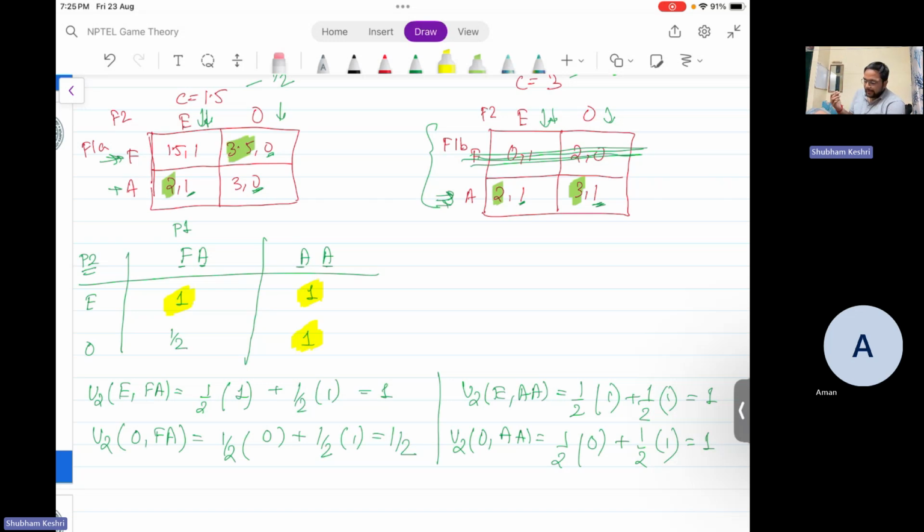Now we'll go back and see what is the best response of player 2. So when player 1 is entering, we have a strategy FA. This will be F and this is A. So we'll see when he is entering if the best response is FA or not.